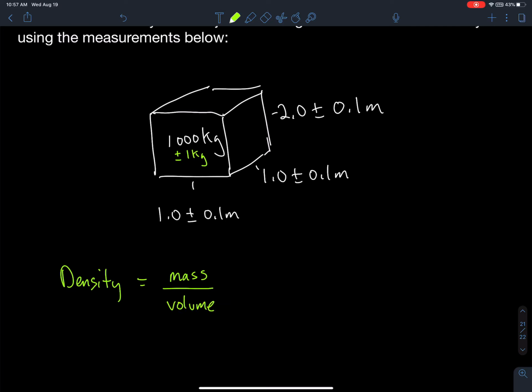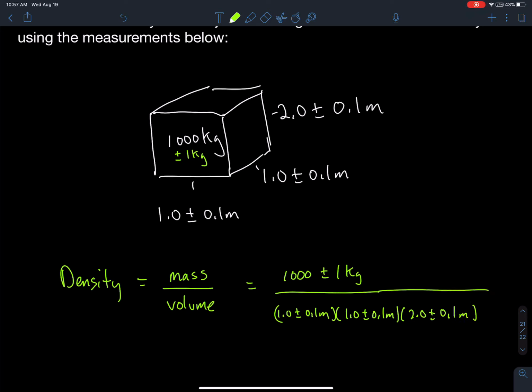So in that case, it would be 1,000 plus or minus 1 kilograms divided by the volume, which is going to be length times width times height. So it'd be 1.0 plus or minus times 1.0 plus or minus times 2.0 plus or minus.